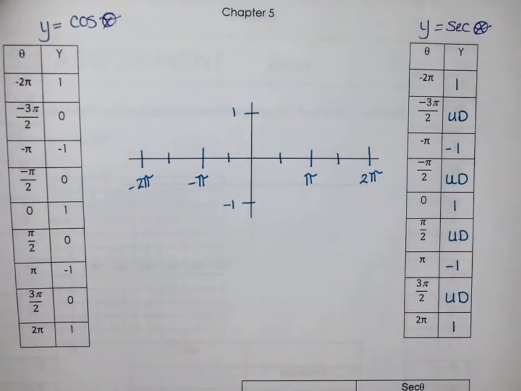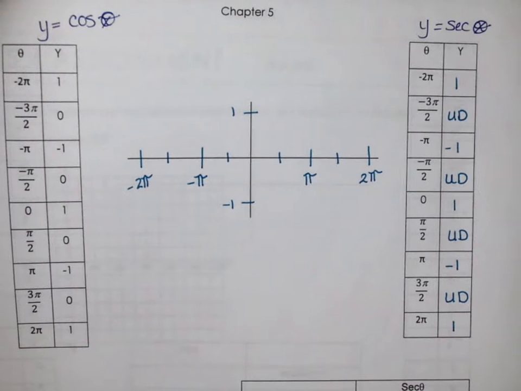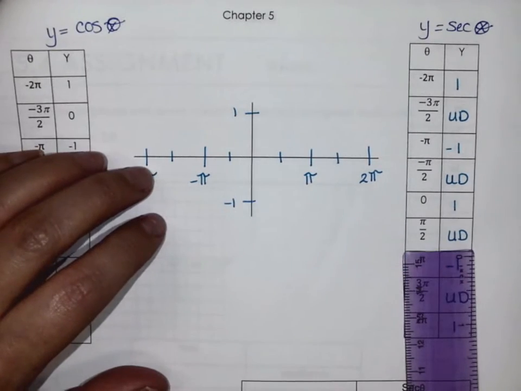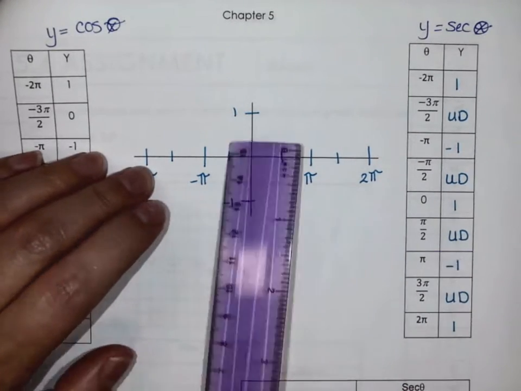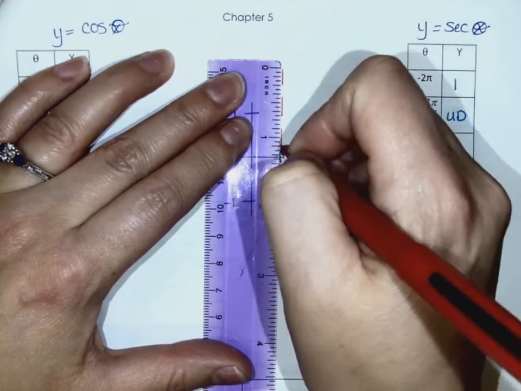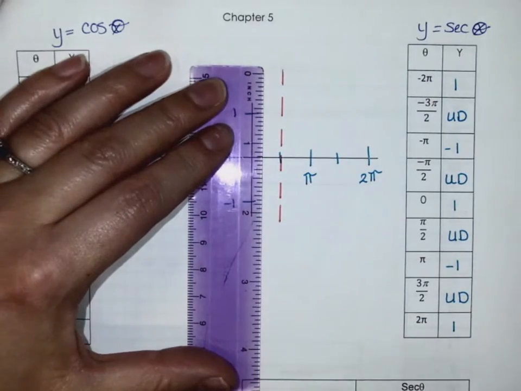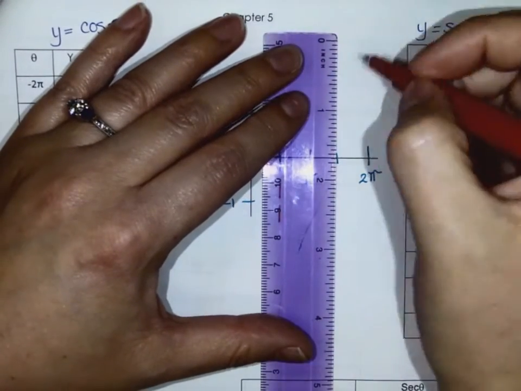Are you guys okay if I put my asymptotes on first? Just because I have my ruler out. I appreciate that. Okay, so my first asymptote in the positive is at pi over 2. And again, asymptotes have to go on with dashed lines to indicate that they're not part of the function. They're just a boundary.